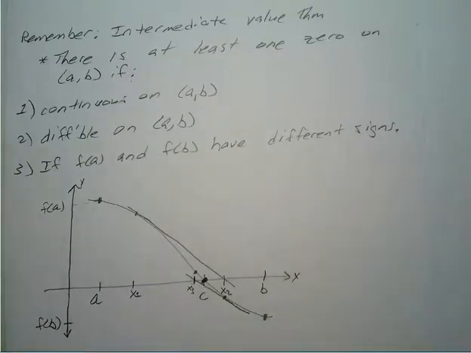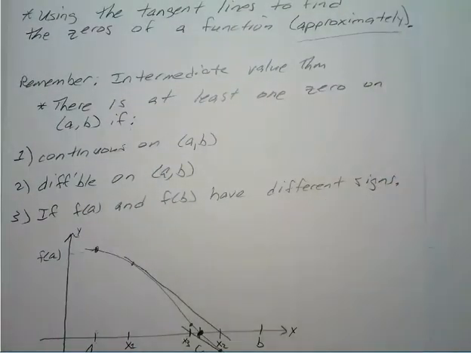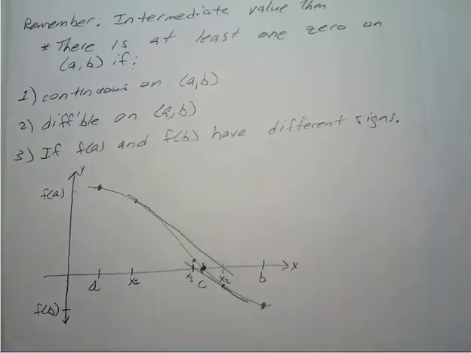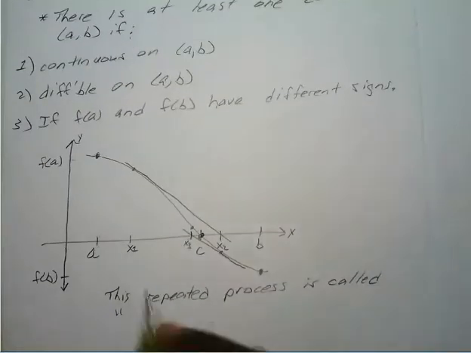Sometimes they just want an approximation, hence the approximately in our description. This repeated process is called Newton's method.